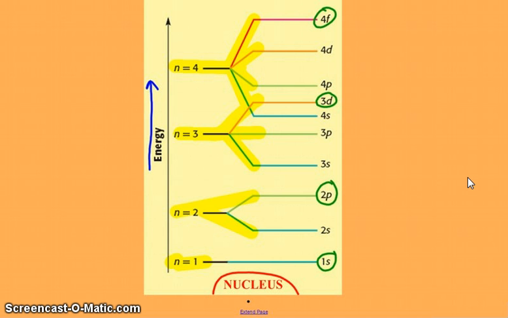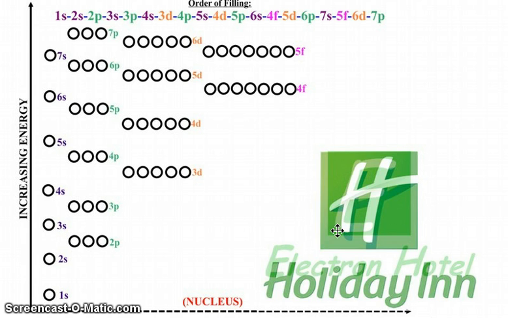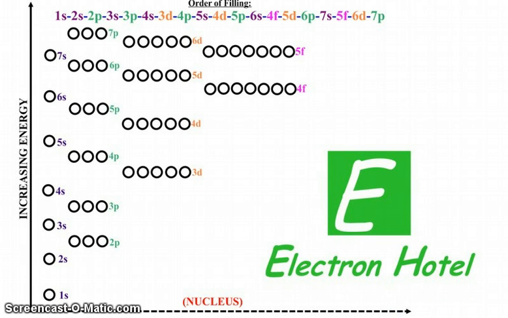If we look at the next view that I created for you, hopefully you'll see that this makes a little more sense. It's not the Holiday Inn, it's the Electron Hotel. Again, down here we see the nucleus, and as you go away from the nucleus, there is increasing energy.